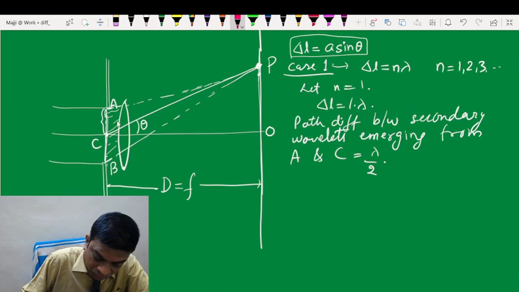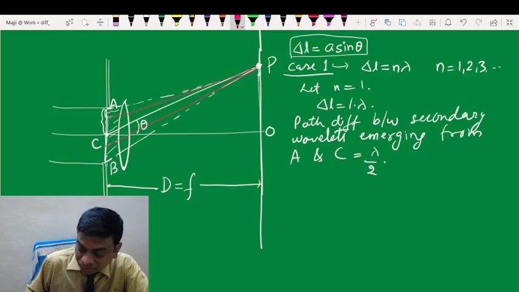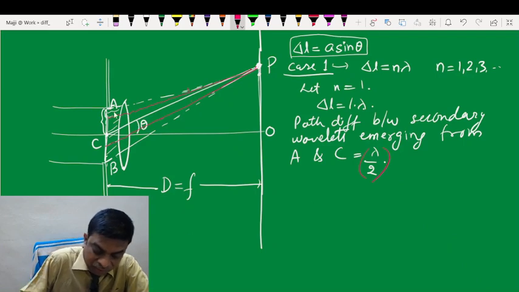Now you'll see that corresponding to any point in the upper half, that is AC, there exists a symmetrically located point in the lower half, okay, where the path difference between the interfering waves will be exactly lambda by 2. For example, if you take exactly point A and C, path difference is lambda by 2. So secondary wavelets starting from A and C will cancel each other.